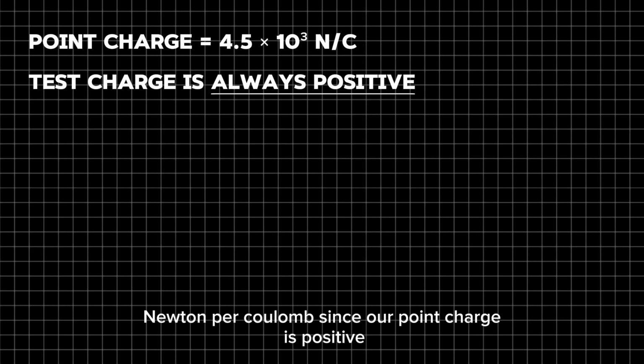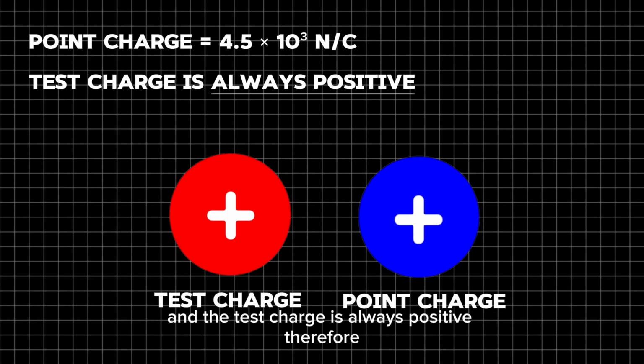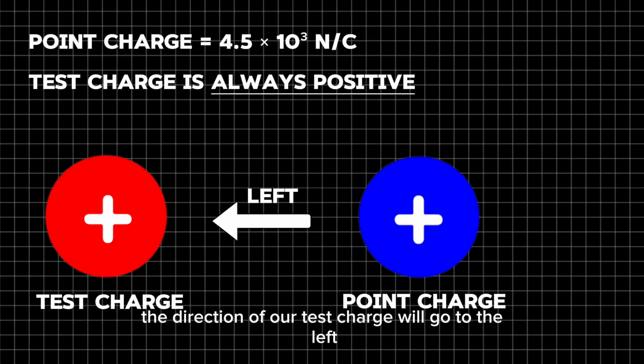Since our point charge is positive and the test charge is always positive, therefore the direction of our test charge will go to the left because positive and positive will repel each other.